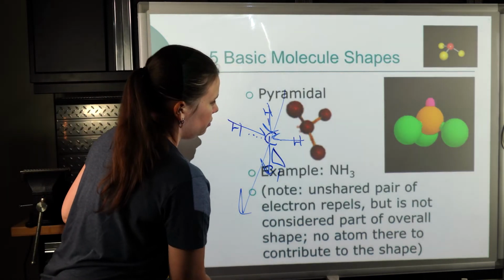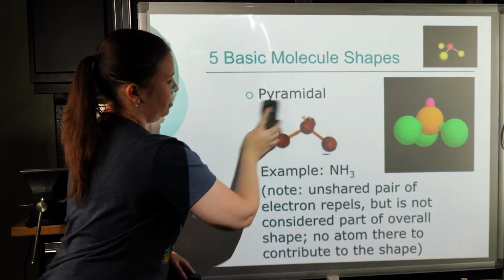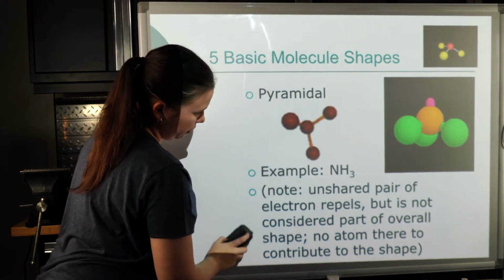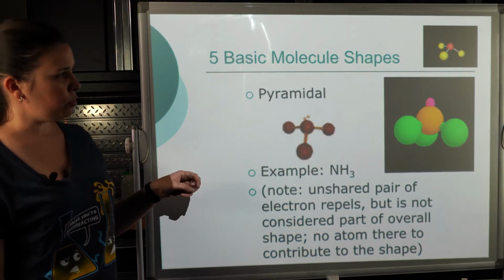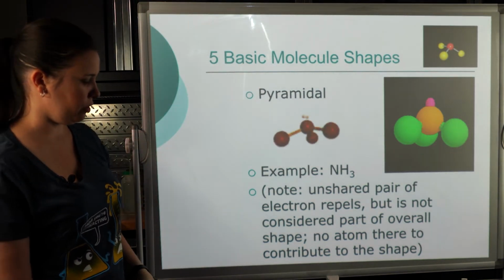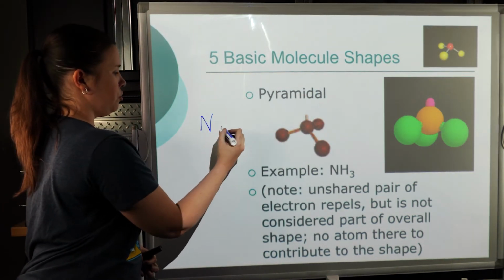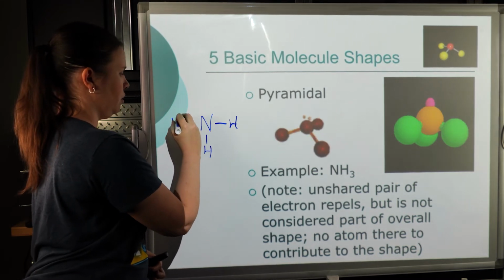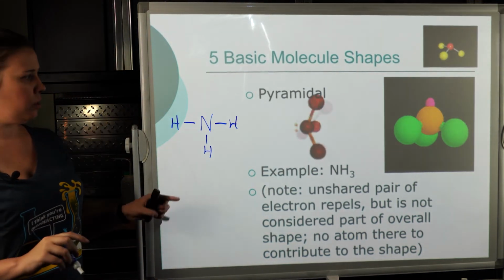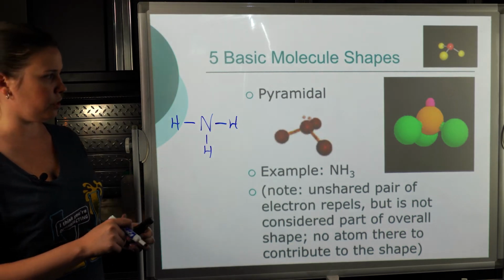All right, so the last 2 shapes that we're going to look at have 3 attachments. It can either be planar or pyramidal. So first, our pyramidal shape. This pyramidal shape will have 1 lone pair. So an example would be NH3. We can have our nitrogen attached to 3 hydrogens. The problem is not all 3 of those hydrogens can fit in the same plane as the nitrogen.